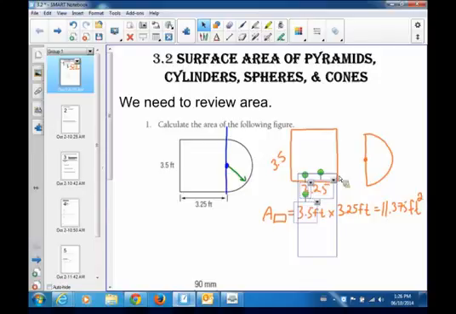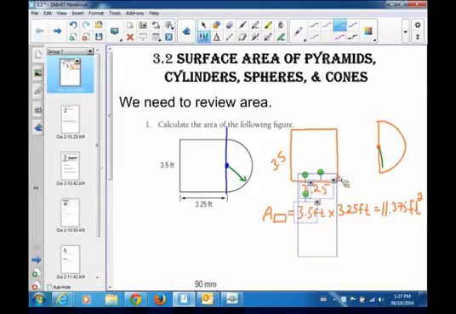Now, remember this, okay, I'll wait. Remember this portion here, the half circle, is 3.5 on the diameter, right? So Destin right away clued in and said, yeah, so the radius would be, what would this radius be here? Half of the full diameter, right?